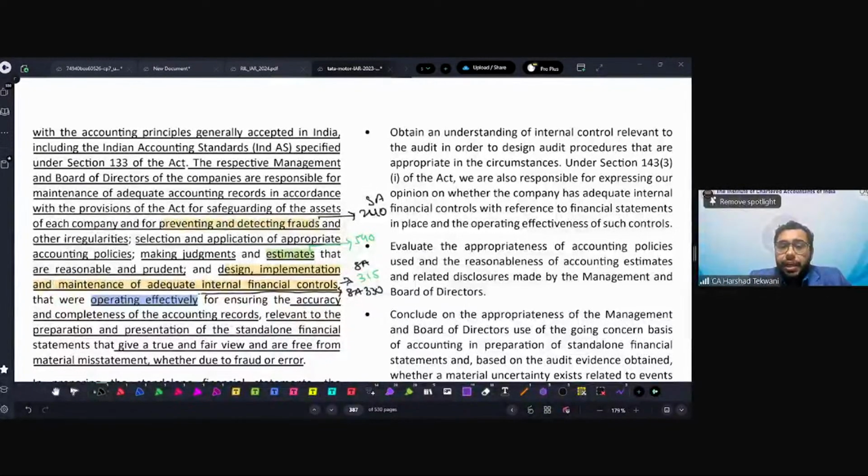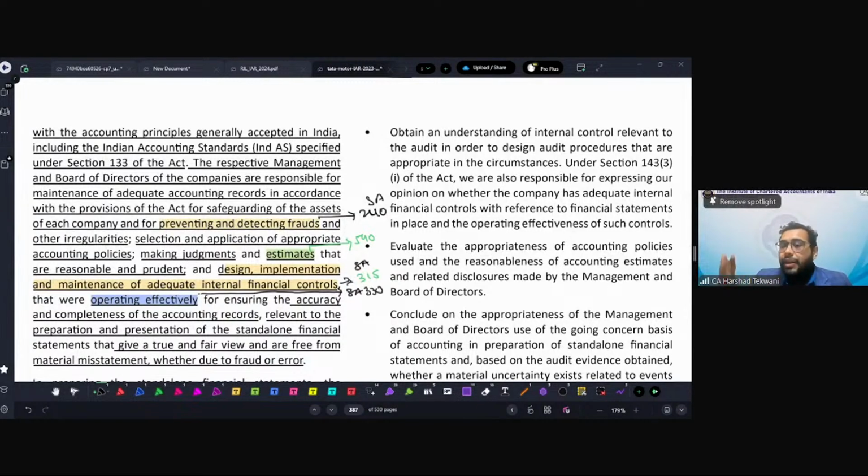So the presentation and preparation of the financial statements, that they should give a true and fair view and be free from material misstatement, whether due to fraud or error, is the responsibility of the management, to comply with the Indian accounting standards and accounting standards generally accepted in India. That is the applicable financial reporting framework.